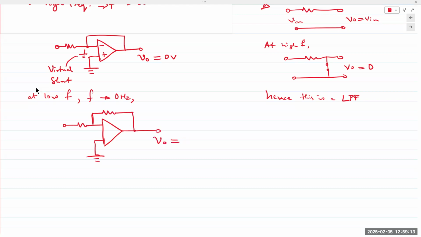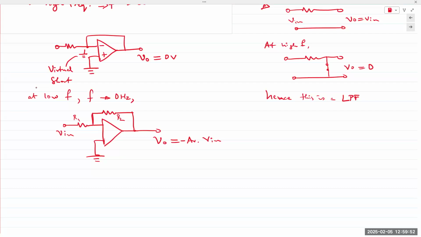V out is equal to AV times V in. So this behaves like a low pass filter. Low frequencies are allowed to pass through the output. High frequencies are shorted out or blocked. So this op amp works as an active low pass filter. It filters out and it provides some gain.